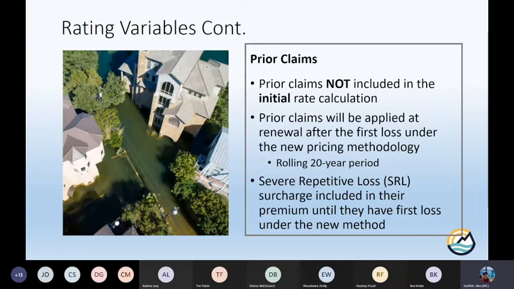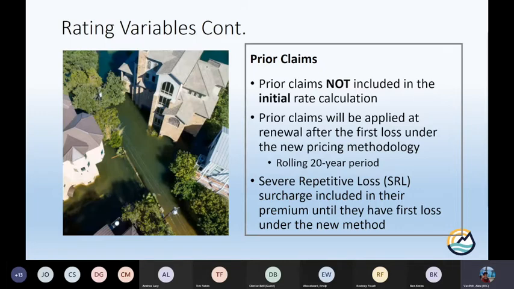What's going to happen is after they transition to Risk Rating 2.0, once they make their first claim under this new methodology, that's going to trigger a 20-year rolling period. Okay. We're going to go through a couple examples here in a second, but they're not going to consider prior claims until you make your first claim under this new rating method. Okay.